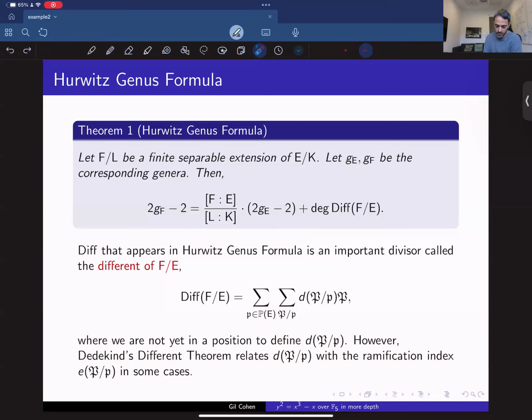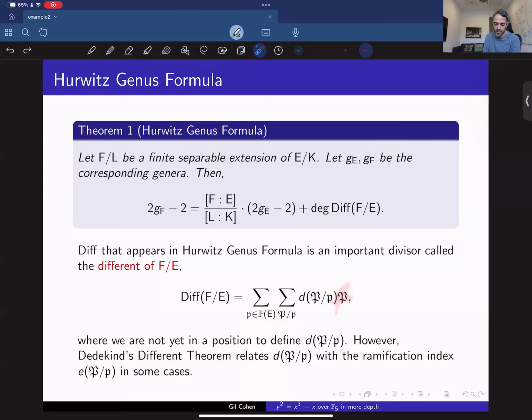But anyhow, what we can say is that you can write this different as follows. Generally speaking, it's a divisor of the larger function field. So first of all, you write all prime divisors in the lower function field, and then for each of them, you sum up all the extensions of them to prime divisors above them.